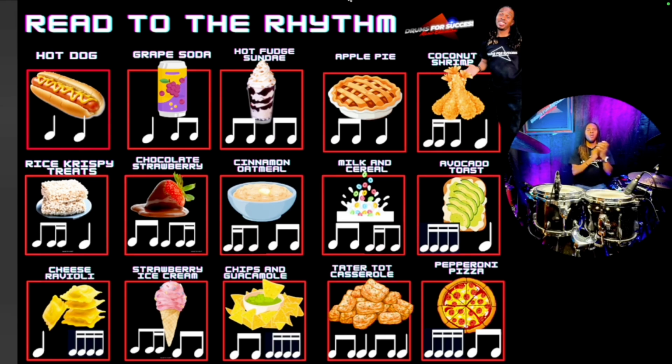We got cinnamon oatmeal. We got milk and cereal. We got avocado toast. We got cheese ravioli. We got strawberry ice cream.